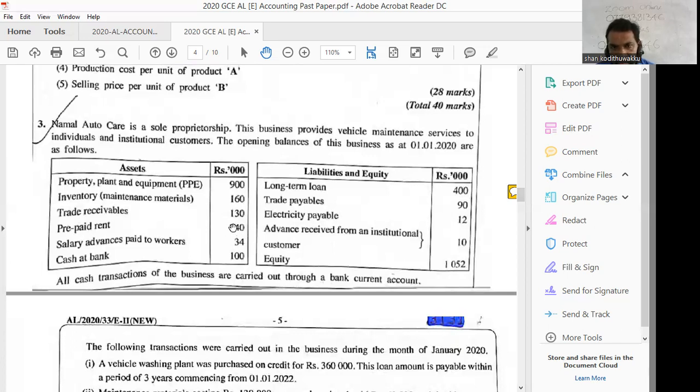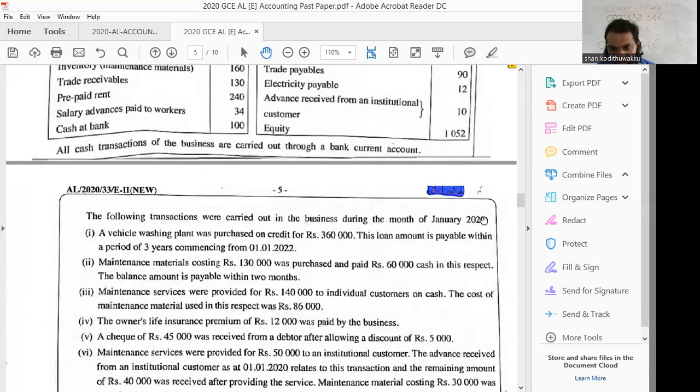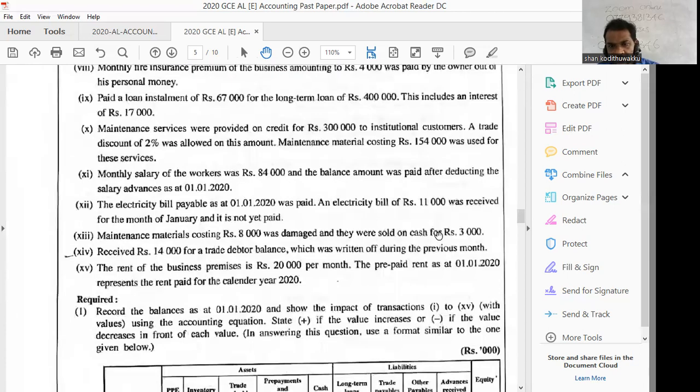Okay, but monthly rent is 20,000 rupees. As we are given the transactions that occurred during the month of January, the following transactions were carried out in the business during the month of January. These transactions relate to only 1 month.